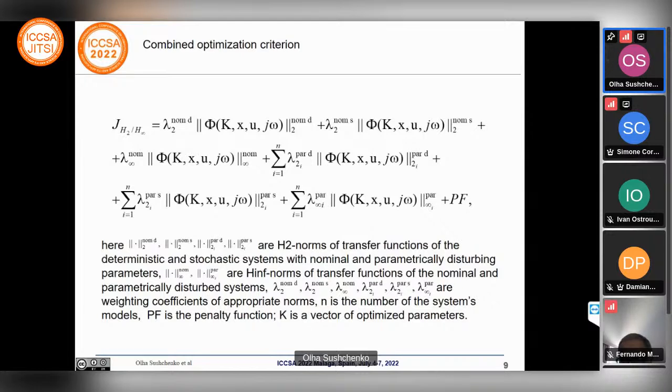So such an optimization criterion allows us to define a vector of optimized parameters. When we consider parametrical optimization, as a rule, this vector of optimized parameters represents coefficients of the controller. But of course, it's possible to take into consideration other parameters also.